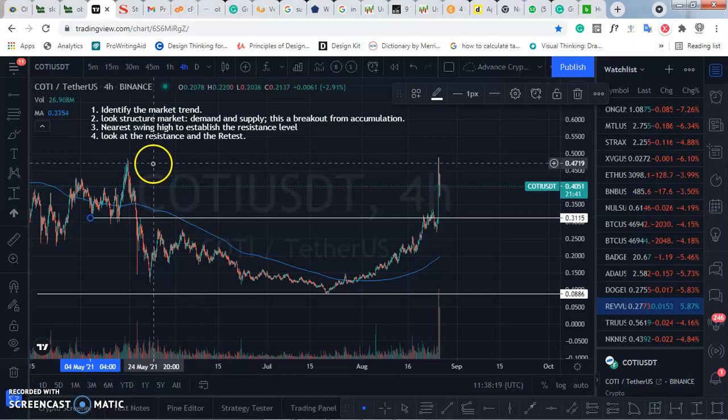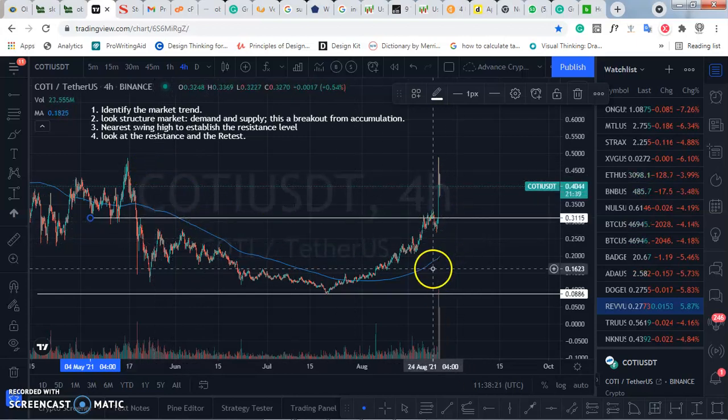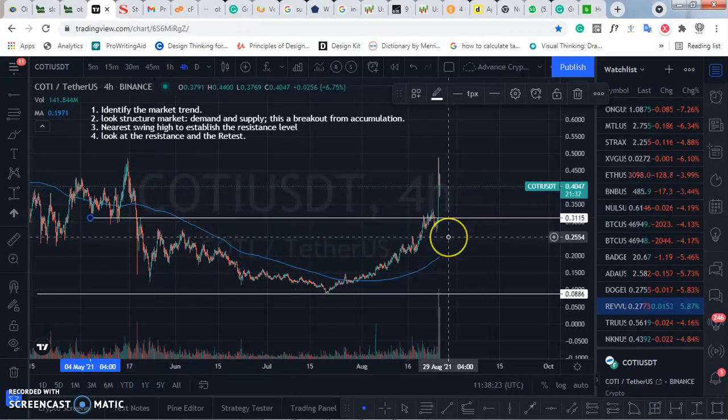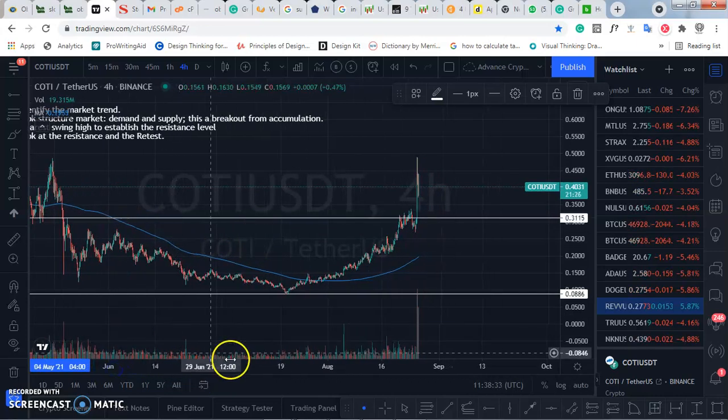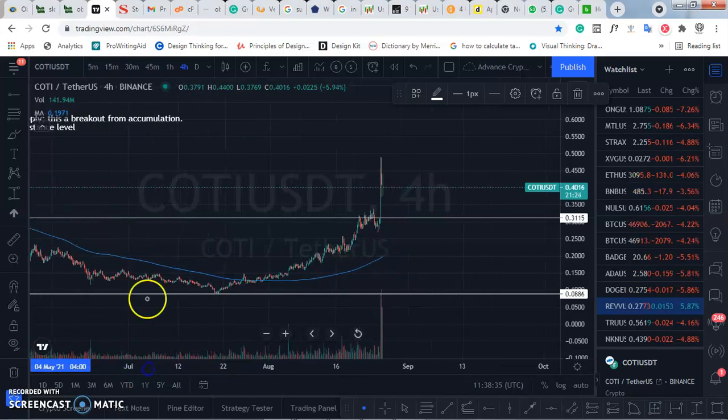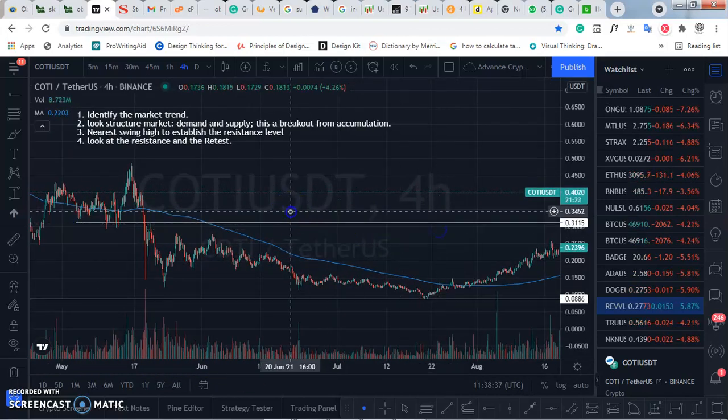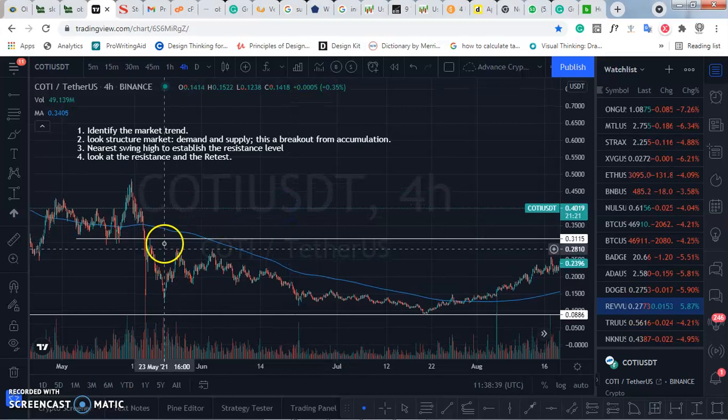When you have looked at this, the next thing you have to do is go to the nearest swing high. It is obvious that the nearest swing high is here.